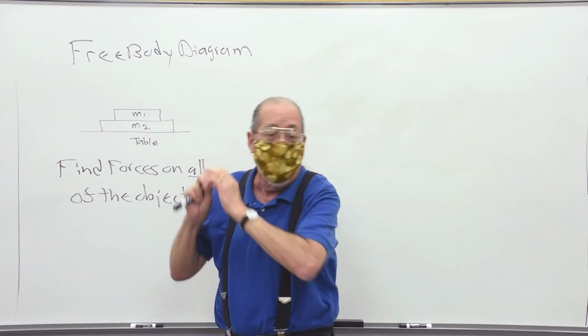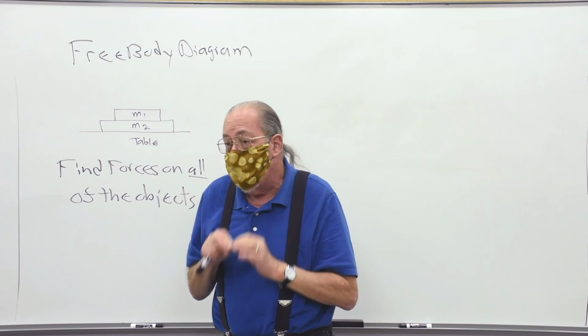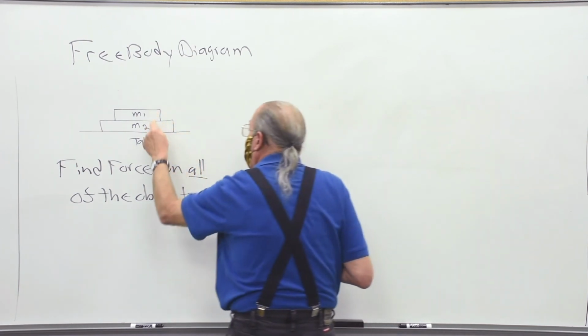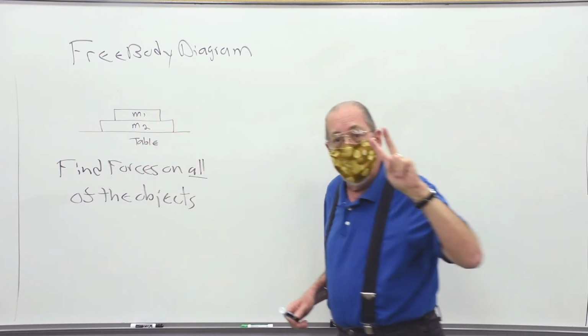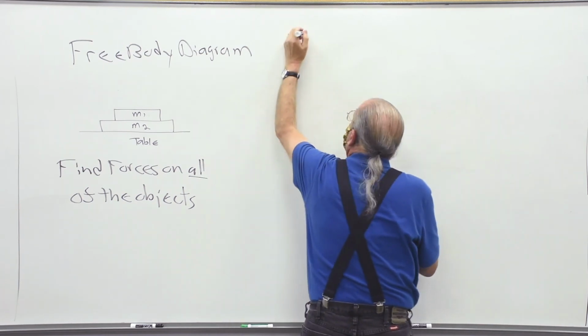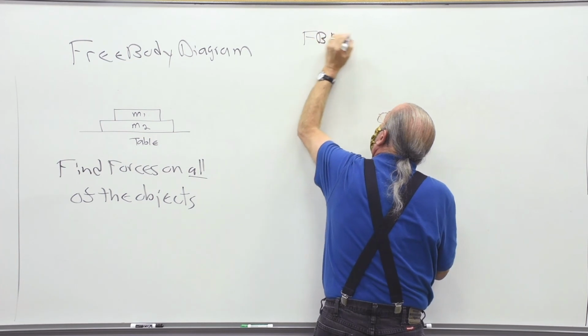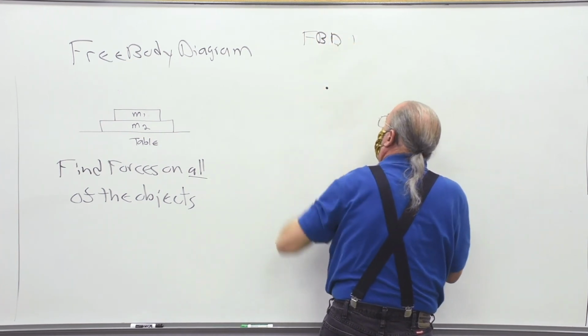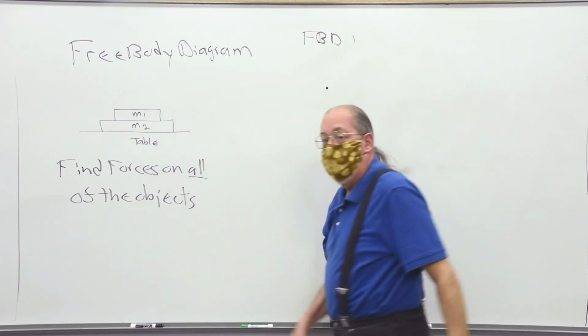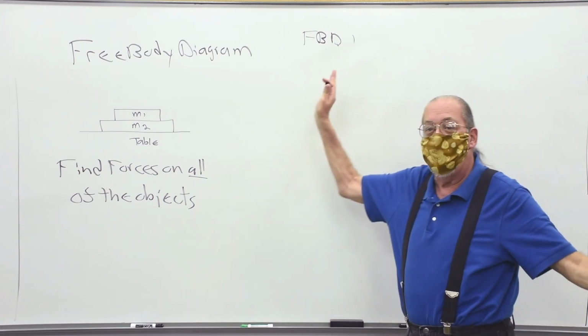But at this point, we don't care. We just want the force. So, two objects, two free body diagrams. There's M1. That's all we got to do to represent it.